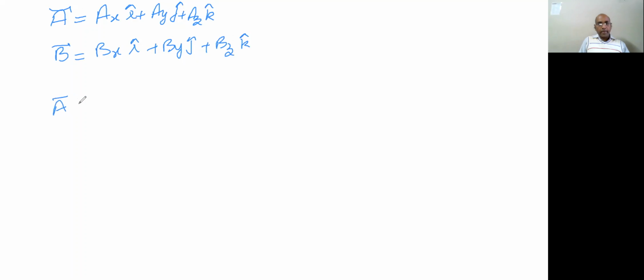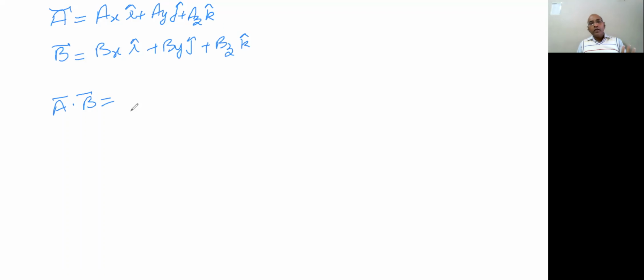So A dot B will become, simply as you do a product, Ax Bx: i dot i becomes 1. If I multiply it with this term, then i dot j will come, and i dot j becomes 0. Similarly, in this term it will be i dot k, which again becomes 0.